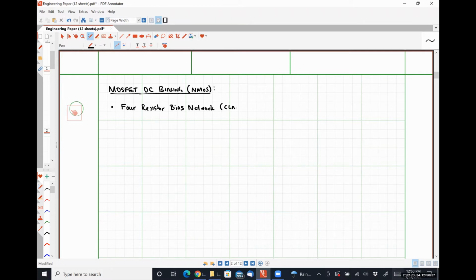And first, we're going to look at it with channel length modulation not included to make things a little bit easier. This is the most common biasing network that is utilized, and it is effectively what I called a full bias network for BJTs, just using an NMOS.